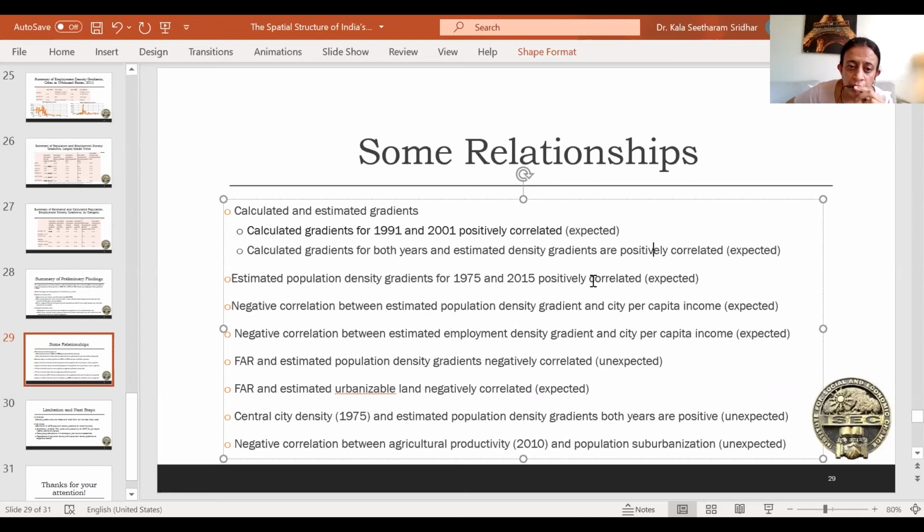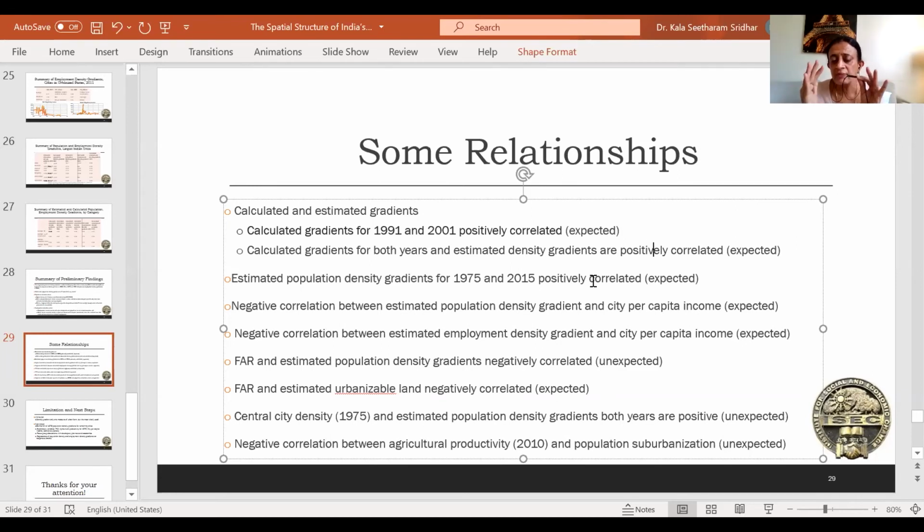And we did not have any measures of central city flight from blight. So we looked at central city density as a measure of this, but we found the unexpected finding that central city density and estimated population density was positive, whereas we would have expected a negative relationship, right?